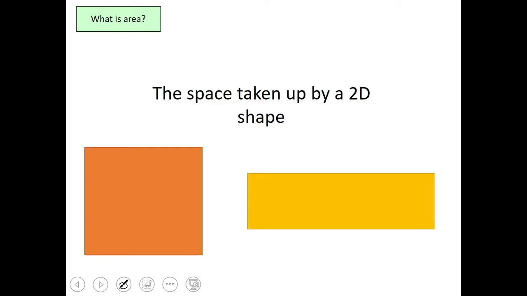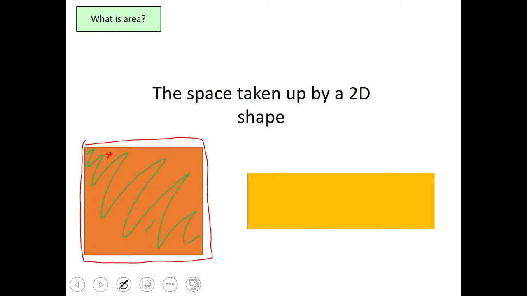So if we were to put a tape around this little square here, the perimeter would be the total distance of the tape, whereas the area is the space that is inside of the shape. So one easy way to remember this is perimeter deals with the outside, whereas the area deals with the inside of the shape.